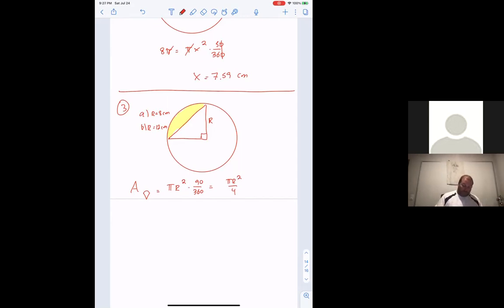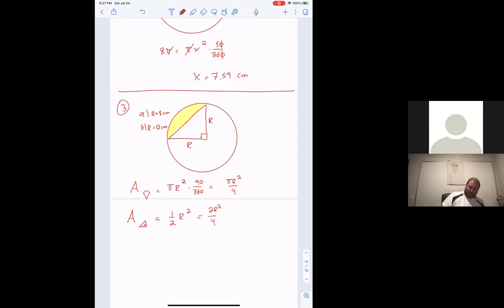Now, what's the area of the triangle? The triangle is a right triangle. So it's just 1/2 base, which is r, because it's also a radius, squared.